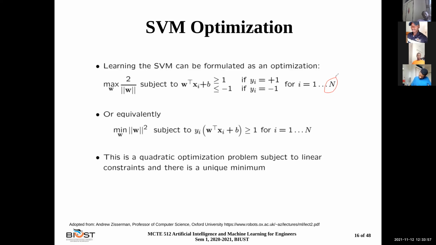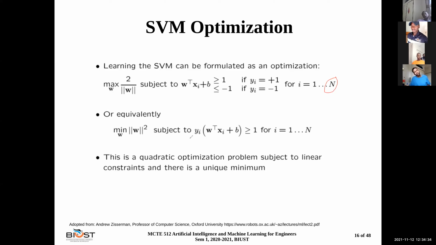You have to run through all the points in the data. Or equivalently, we want to minimize the norm of W, because if you minimize W, then we can maximize the margin. So minimize subject to the same constraint that we mentioned already: yi multiplied by f of xi is always greater than or equal to 1, because they are correctly classified, for all i.